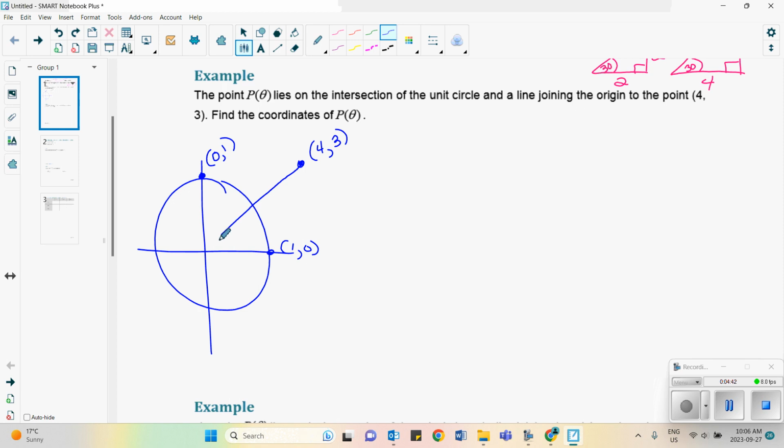So this point to the origin is here. Here is P theta. Okay, so we want to find the coordinates of this point. And yes, you do have enough information to do it because you just have similar triangles right now.